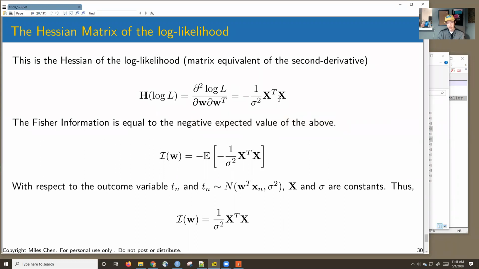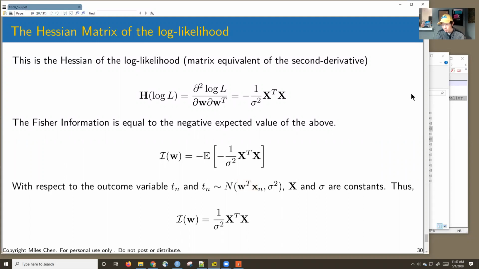This feels a little weird, but remember, the x's in our example are fixed values. They are constants, because we are taking the expected value with respect to our outcome variable t. t comes from the normal distribution where the mean is w transpose x and the variance is sigma squared.